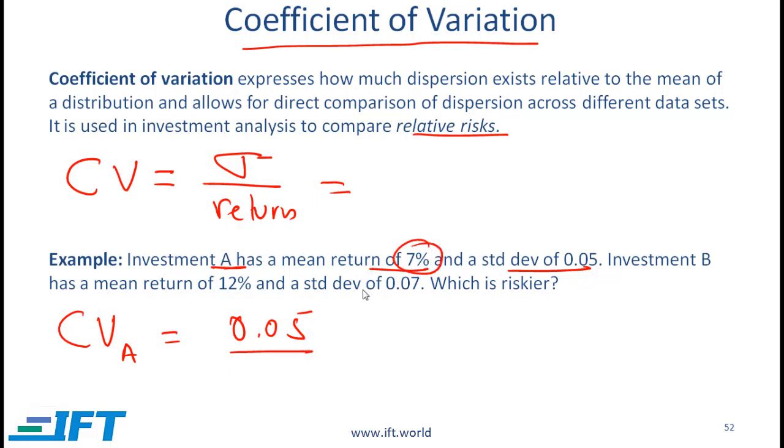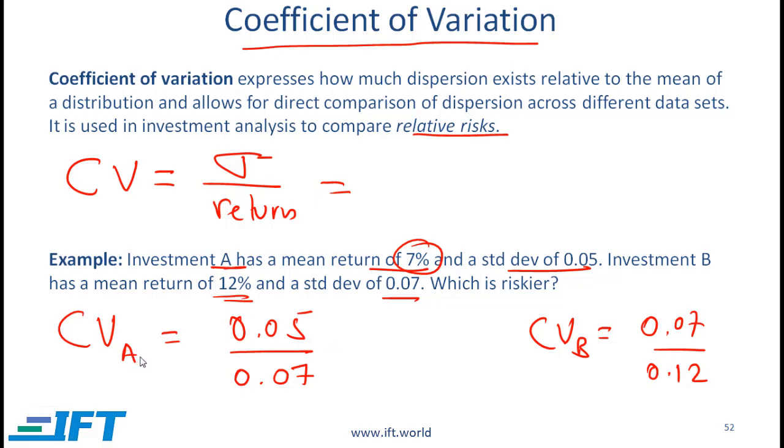Since this is a percent, we need to convert it to a decimal, so that is 0.07. The coefficient of variation for B is equal to the standard deviation, which is 0.07, divided by the mean return, which is 0.12. The investment with the higher coefficient of variation is more risky.